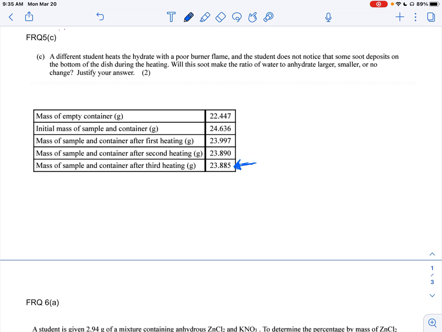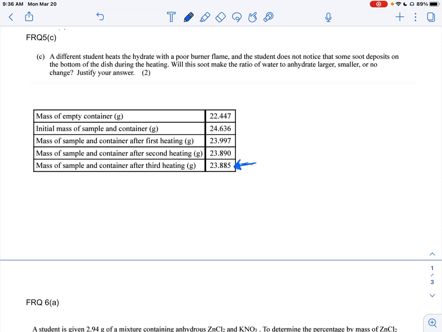Then you take a look and see, where did you use this number? You used this number in B1 to figure out the water lost. You subtracted what you started with, and then you subtracted this number, okay?